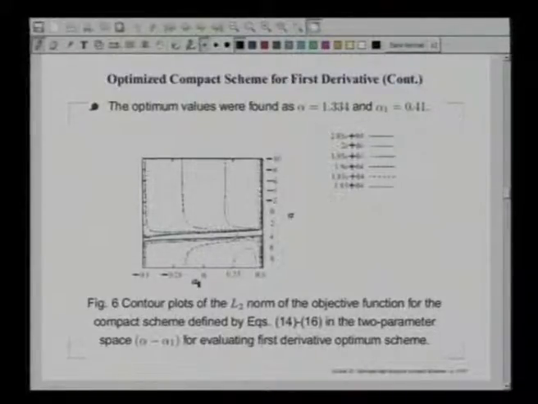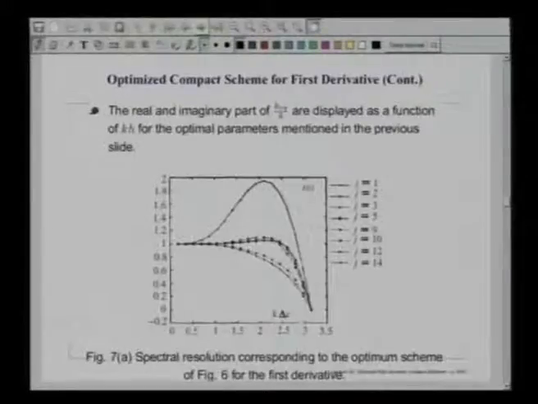So, the minimum is somewhere in this neighborhood, because if you reduce alpha, error increases, you increase alpha, error increases, and we can find from this contour plot where exactly the G contours attain their minimum value. And once you do that, you get some values of alpha and alpha 1.